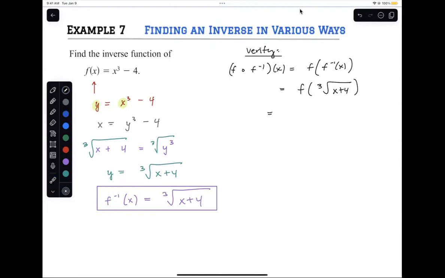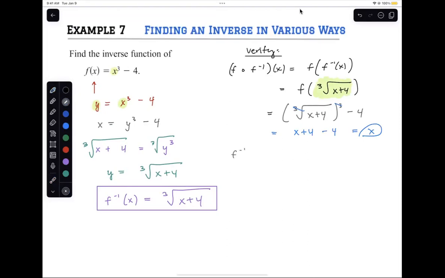So plugging that into f, that's going to be parentheses, the cube root of x plus 4, cubed, minus 4. The cube root and the power of 3 are going to cancel out. So you're just left with x plus 4 minus 4, which is x.